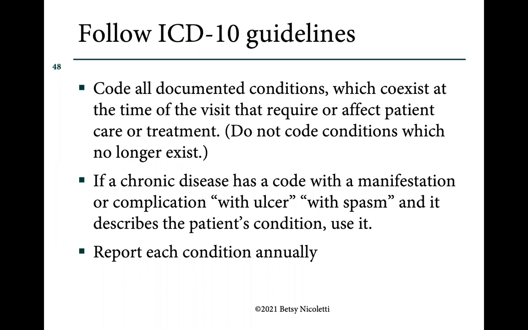So what's going to happen is anything you choose in the assessment goes to the claim. Anything in the problem list goes nowhere. So for your patient, obesity is going to have its own diagnosis code. How important is it for you to track?